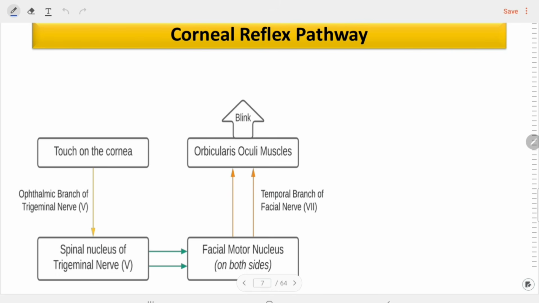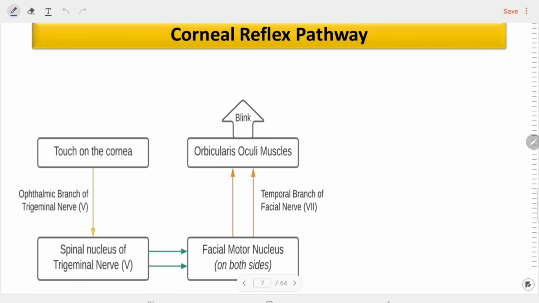This is the corneal reflex pathway. Any touch on the cornea will lead to activation of the ophthalmic branch of the trigeminal nerve. The signal goes to the spinal nucleus of the trigeminal nerve, and then it goes to the facial motor nucleus on both sides, and the outcome, a motor reflex, is generated in the orbicularis oculi muscles.